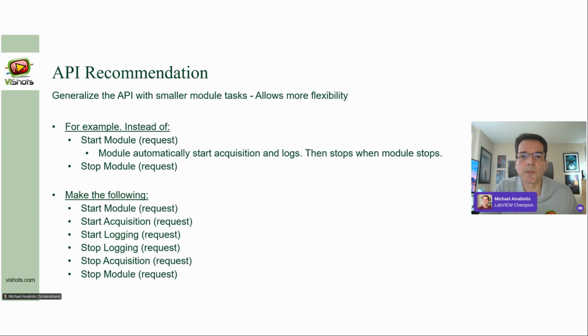And it allows more flexibility and also in anticipation of requests from the user of your system saying, hey, you know what? We don't want to start the logging until event A happens. So it's already there. You don't have to do the extra work. And also by not only implementing these requests, but testing them to make sure they work. So there's that extra layer of development that you have to do.